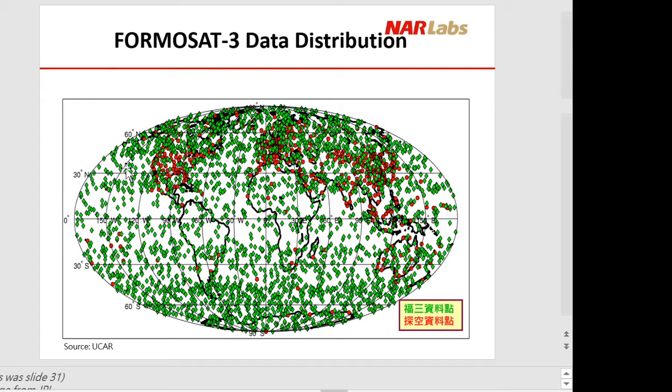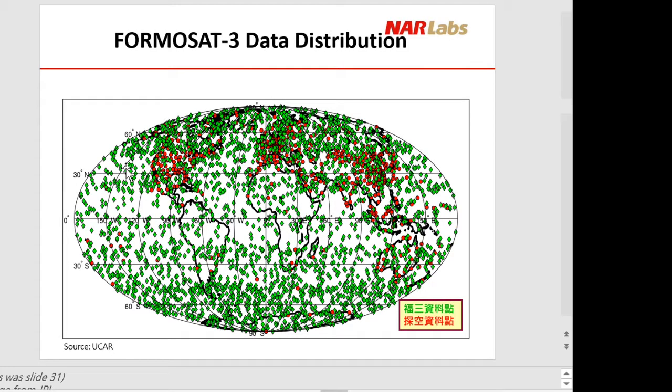Before we check the green dots, I would like to explain the red dots more. The red dots are the places sending radiosondes, so that people can measure the atmospheric parameters there.